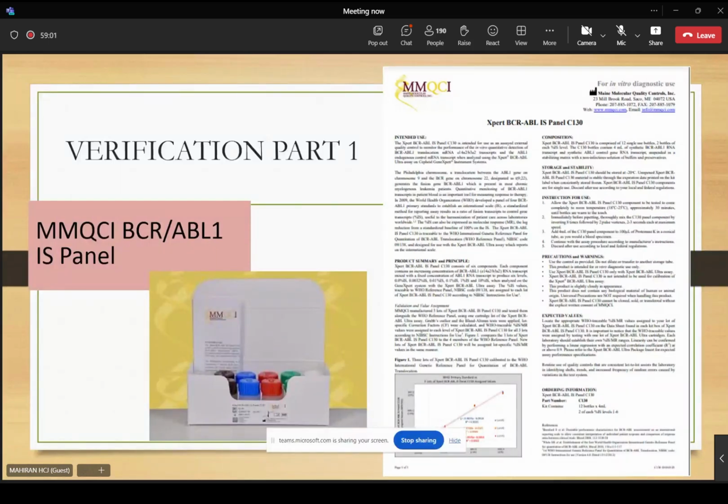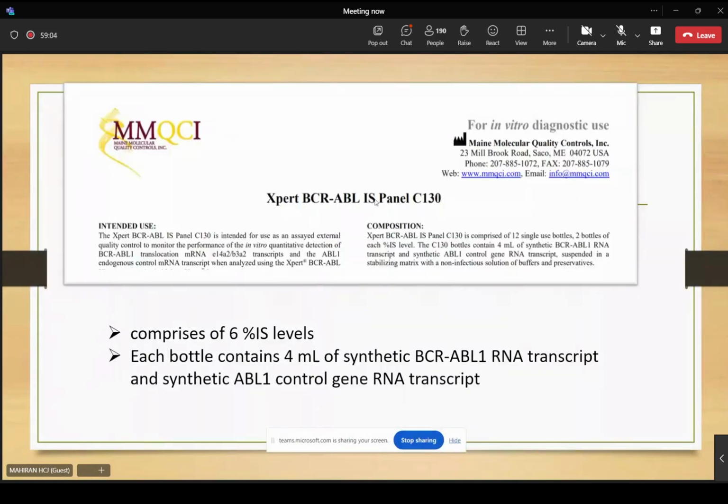Okay, so expert BCR ABL IS panel C130 intended for use as an assay external quality control to monitor the performance of the in vitro quantitative detection. So macam yang saya terangkan tadi, comprises of 6 IS levels.